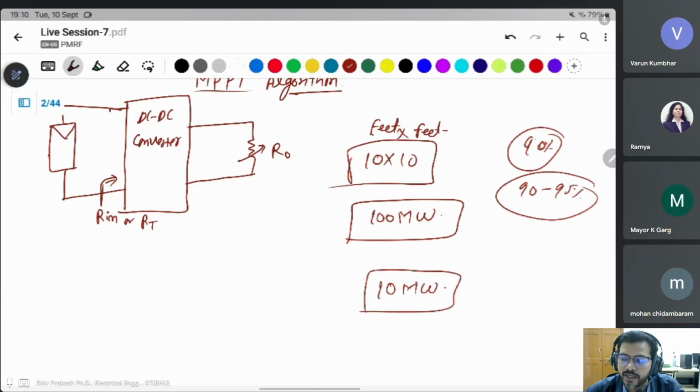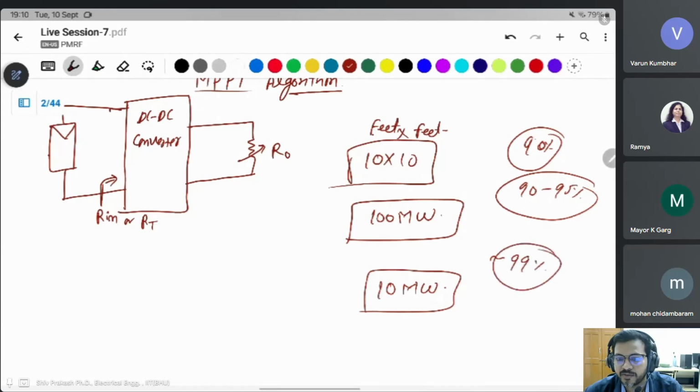This can deliver power to a whole village. I think it is not just a village, some town is included here. That's why efficiency is more important. In a grid system, if you want to make an inverter or converter, you want approximately 99% efficiency.